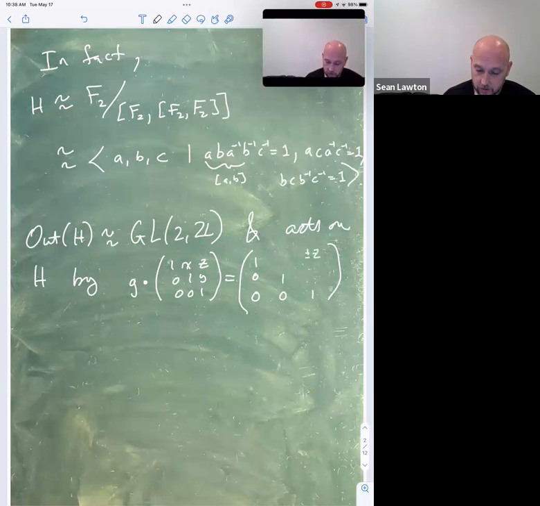So it goes to plus or minus Z. But then what happens to X and Y? Well, if we think of X and Y as a vector, and you think of G as an element of 2 by 2 matrices, then you just do matrix multiplication. And then you take the first component of that result, because the result was a vector. And then here you just do the opposite. You take matrix multiplication with this vector, and then you just take the second component. Okay, so that's what the action looks like.